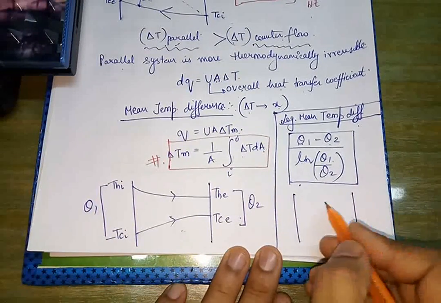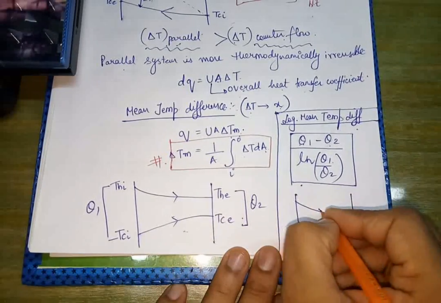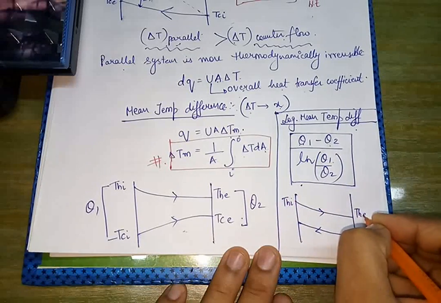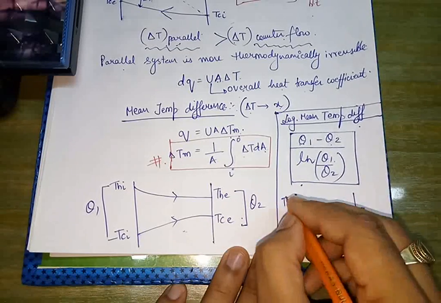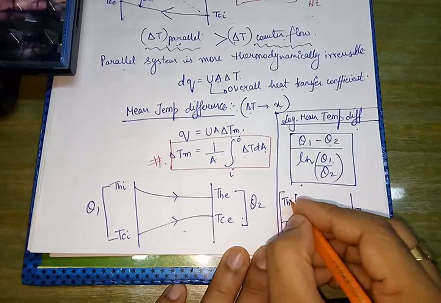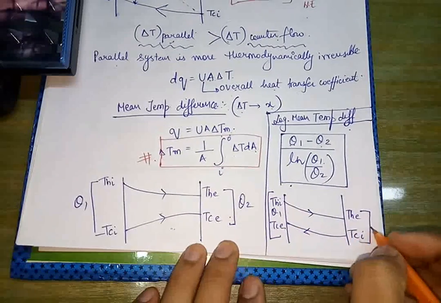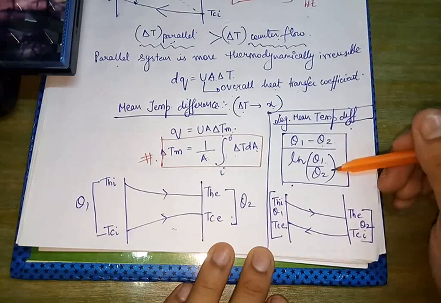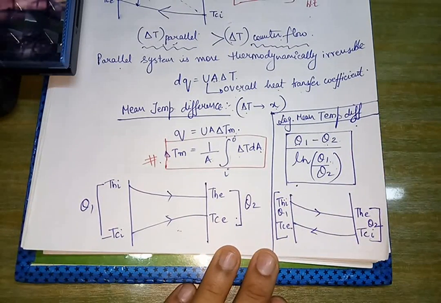Now if we have a counterflow system, then we will get T hot inlet, T hot exit, T cold inlet, T cold exit. The difference between this and this is θ1, and the difference between these two would be θ2. We will simply keep the values of θ1 and θ2 and we will determine the logarithmic mean temperature difference.